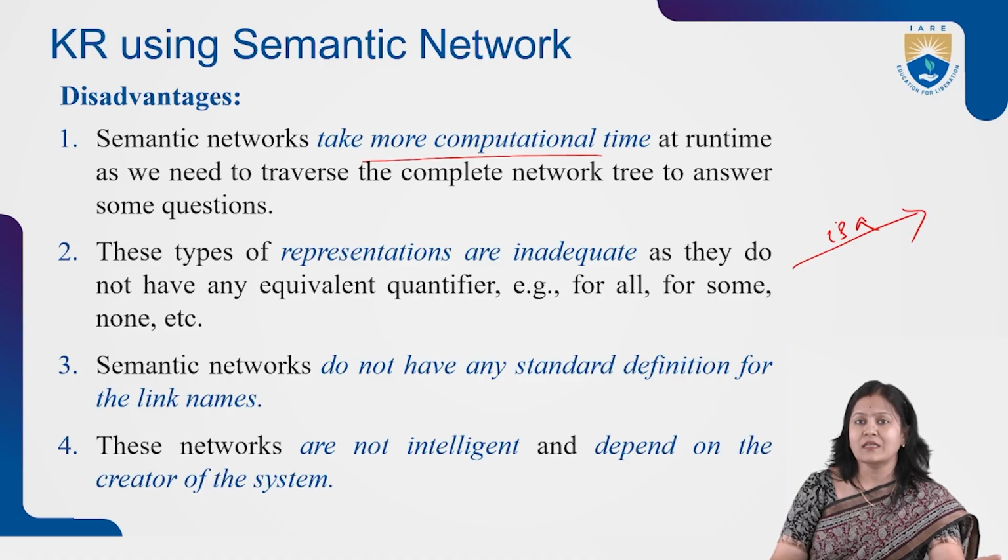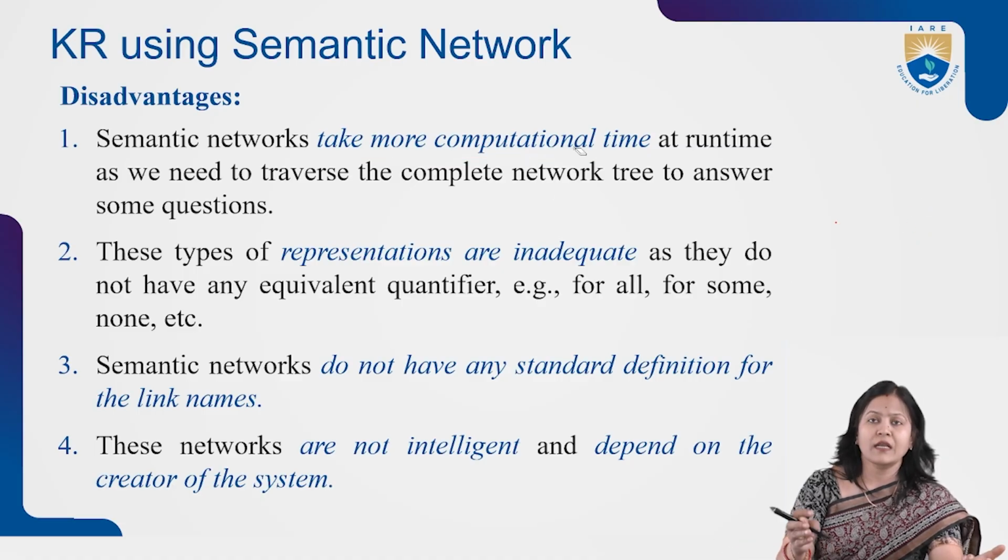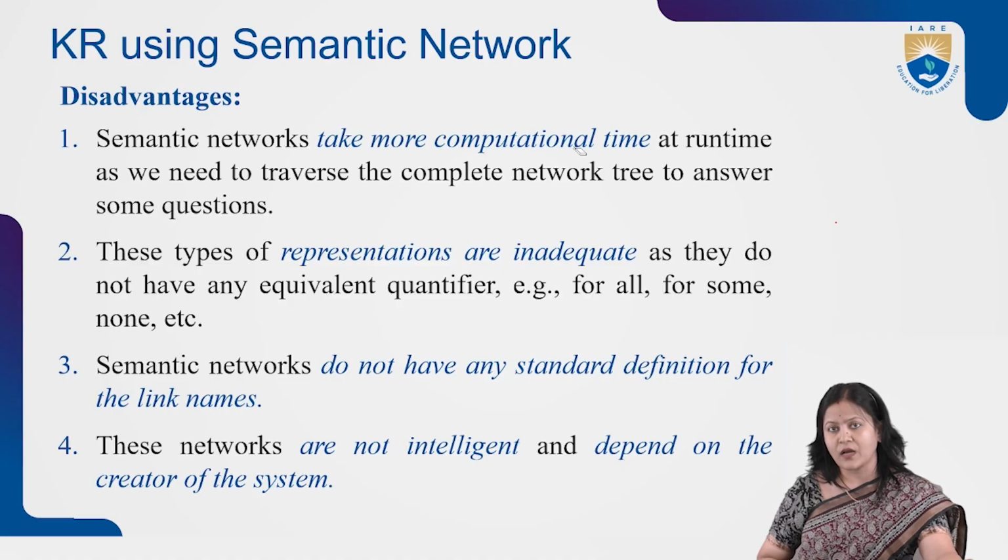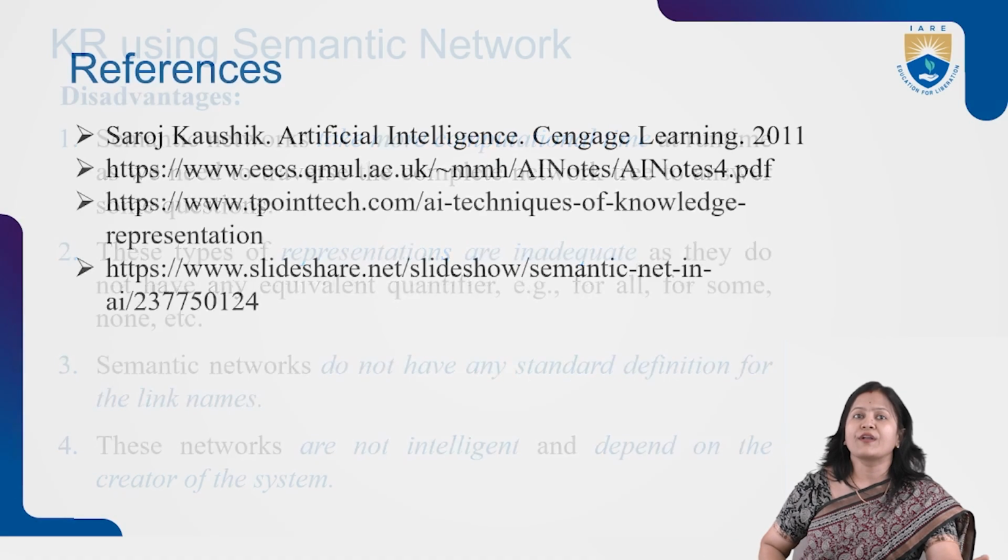Based upon the sentence relationship, we can represent it over the arrow mark. So there is no specific standard definition for the link names, and these networks are not intelligent and depend upon the creator of the system. Anybody with a basic knowledge of English can create this type of graph. So that is why these graphs are not intelligent.